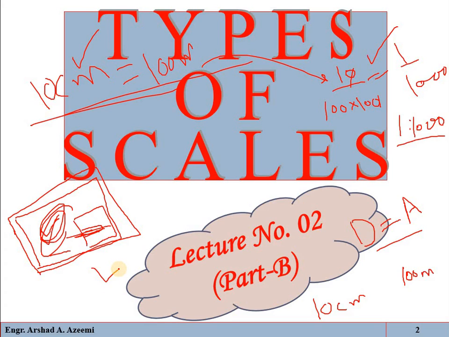So in that case, being an engineer, the graphical scale is recommended, that you draw the scale graphically. In this second part of the lecture, we will discuss the graphical types of scale, that is, how you will construct the different graphical scales on a sheet of paper.